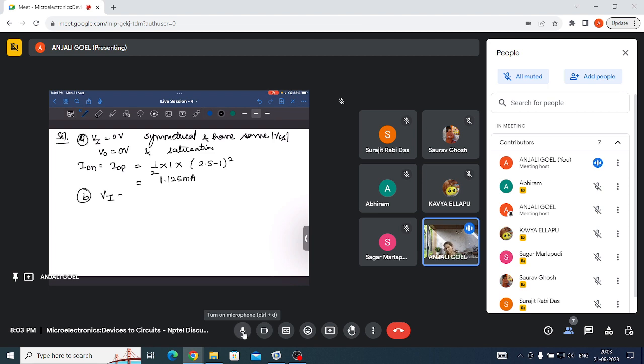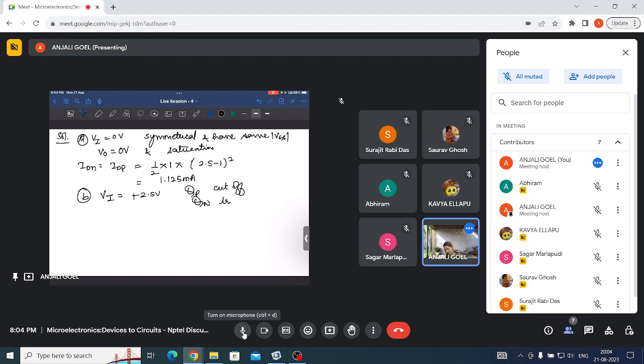Now when Vi equals to minus 2.5 volt, oh sorry, plus 2.5 volt, so your QP will be in cutoff and Qn will be in triode, or as we say in linear region.